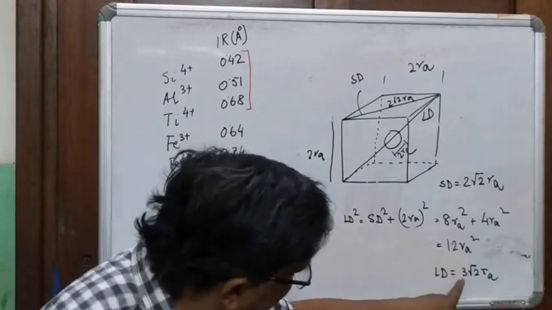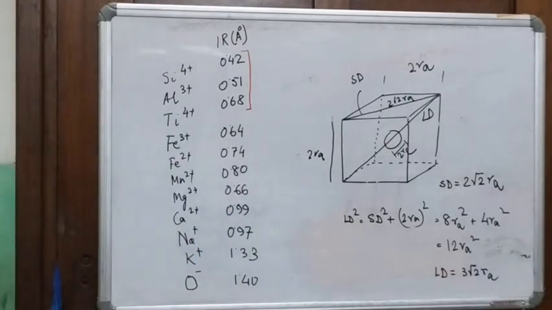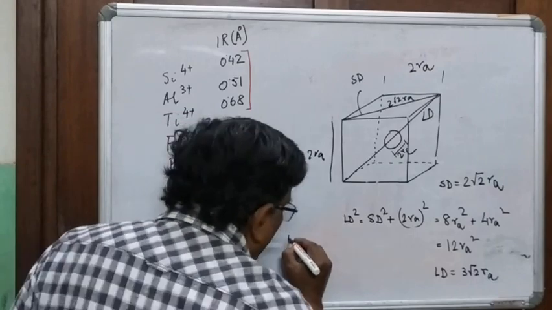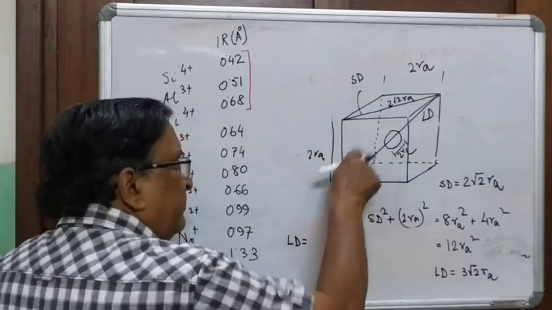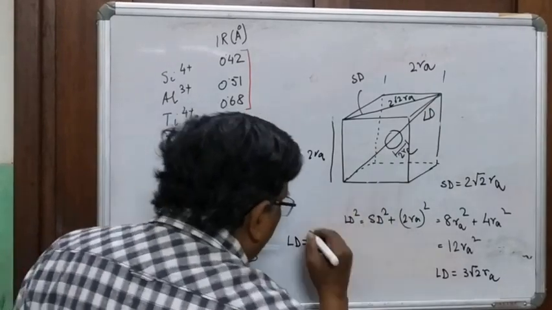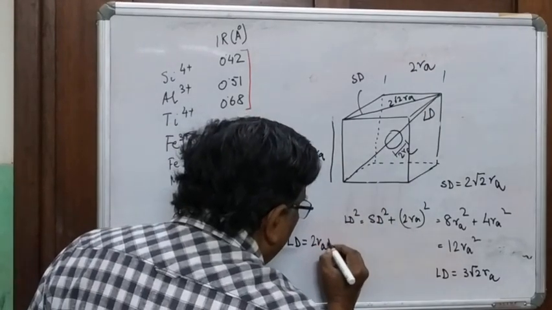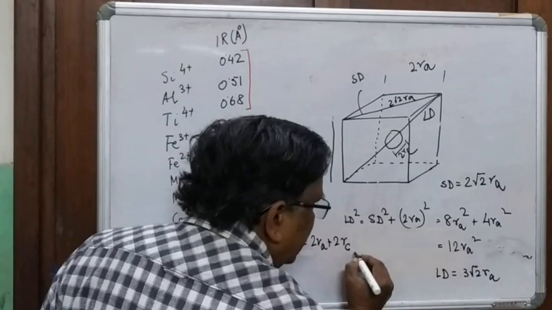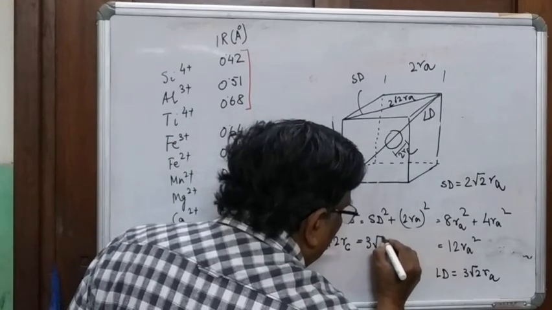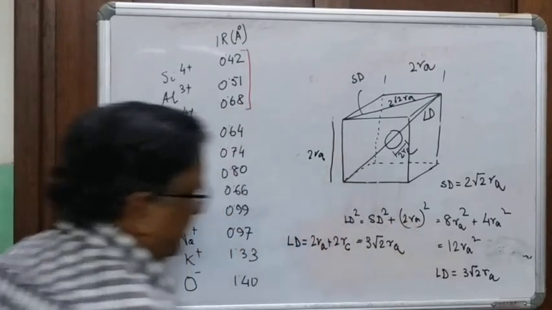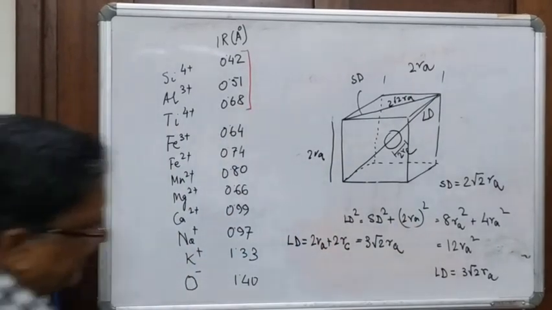But the long diagonal also is equal to 2Ra plus 2Rc, is equal to 3 root 2 Ra, which is this value.